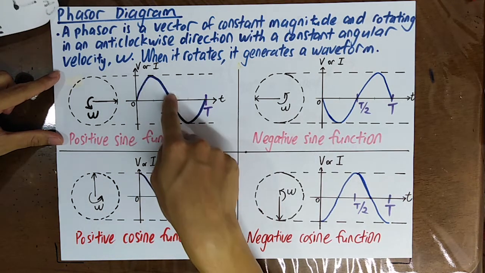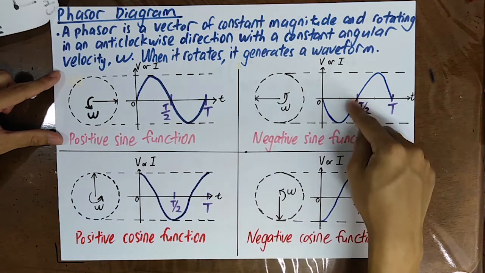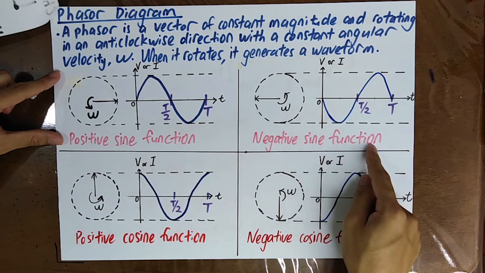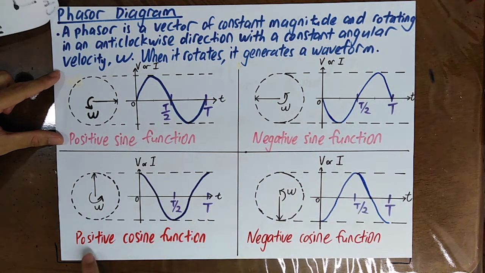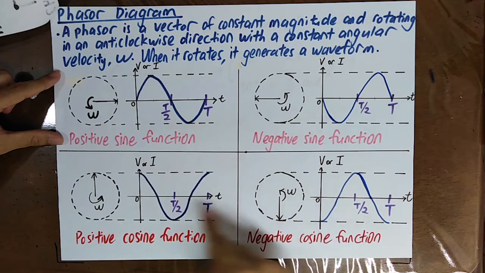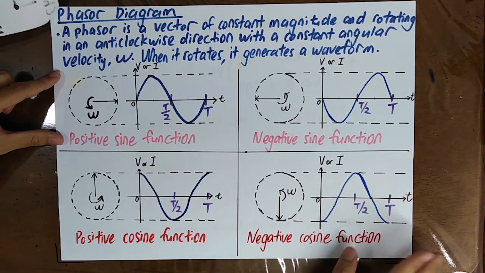If all the positive values become negative and all the negative values become positive, then it becomes the negative sine function. The same goes for this. This is the positive cosine function. If all the positive values become negative and all the negative values become positive, it will become the negative cosine function.